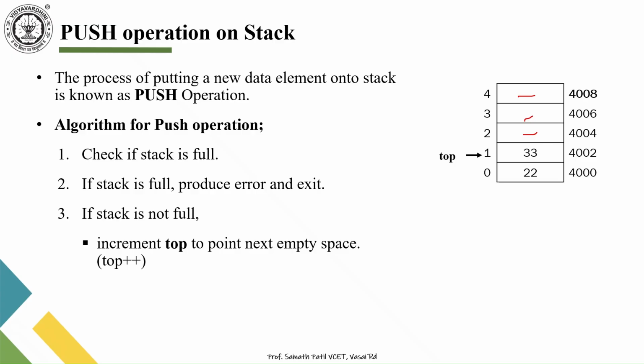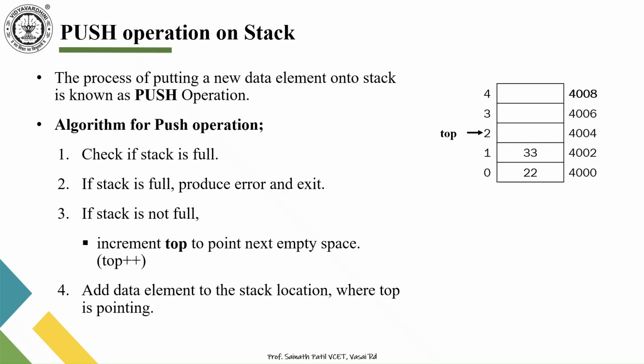So to put a new data element, we should increment so that it will point to this location. So if you do this, top plus plus, top will point to 2. Then we add the data element to the stack location where top is pointing. Now currently top is pointing to 2, which is the empty space where we can add a new data element. For example, 44 is added over here, and return success. That means the data element is added successfully.